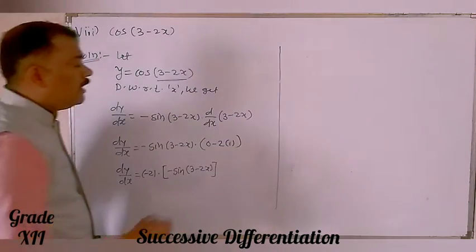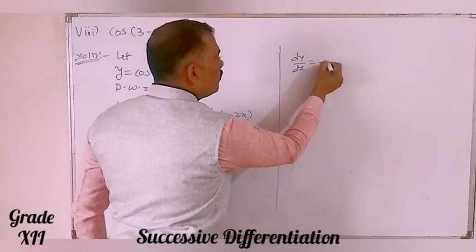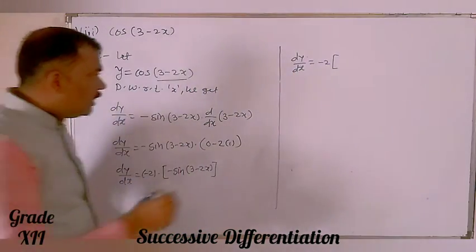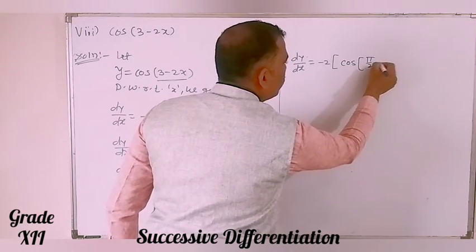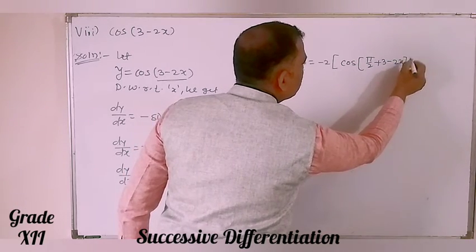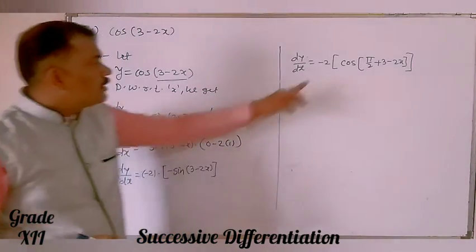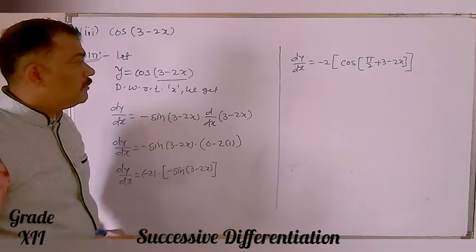This can be written as dy by dx is equal to minus 2 into, by using the algebraic formula, cos of (pi by 2 plus 3 minus 2x). Cos of 90 plus theta is the minus sin theta, where theta is 3 minus 2x.